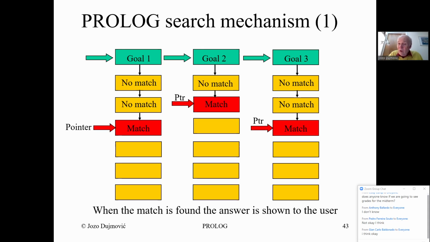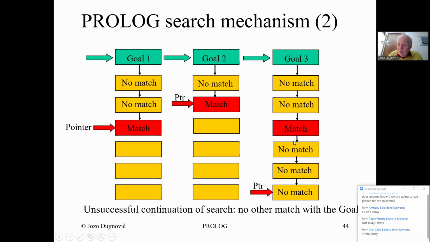And then you are going to continue search from this match point. So you go down, no match, no match, no match. If there is a match, you are going to stop there, put a pointer and say, here is the other solution. Or what can happen most frequently is that you reach the end of the database of facts without another match.